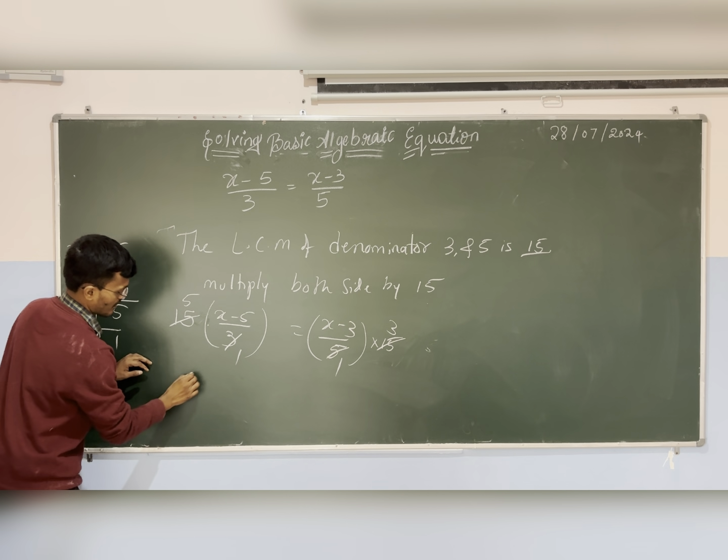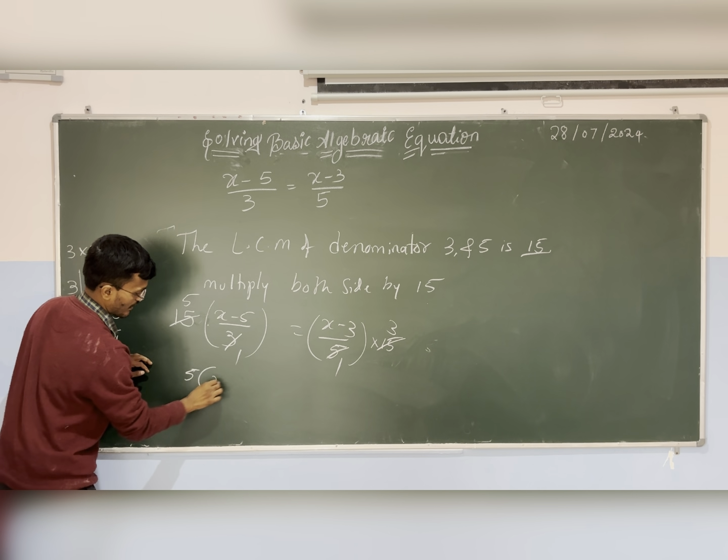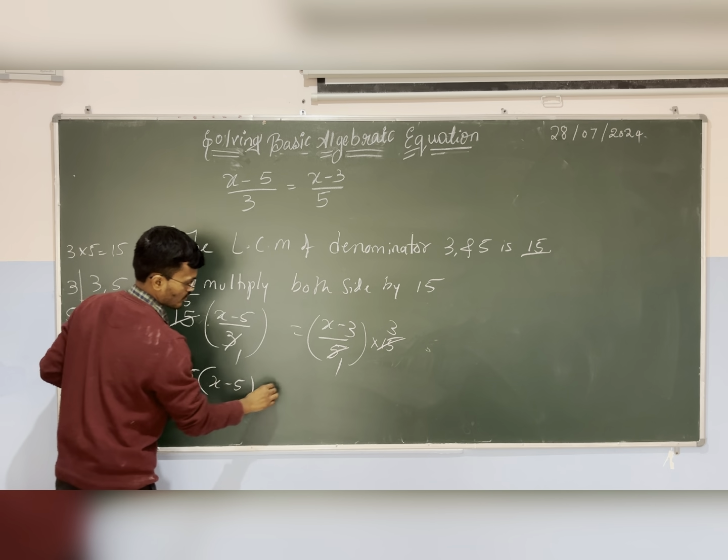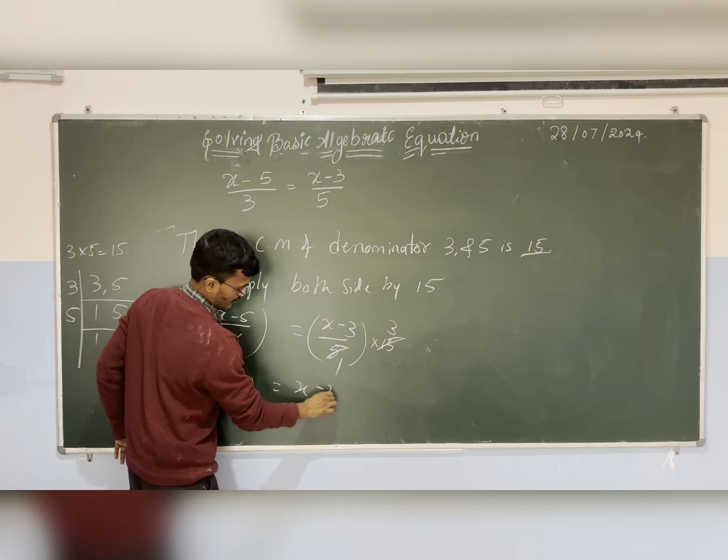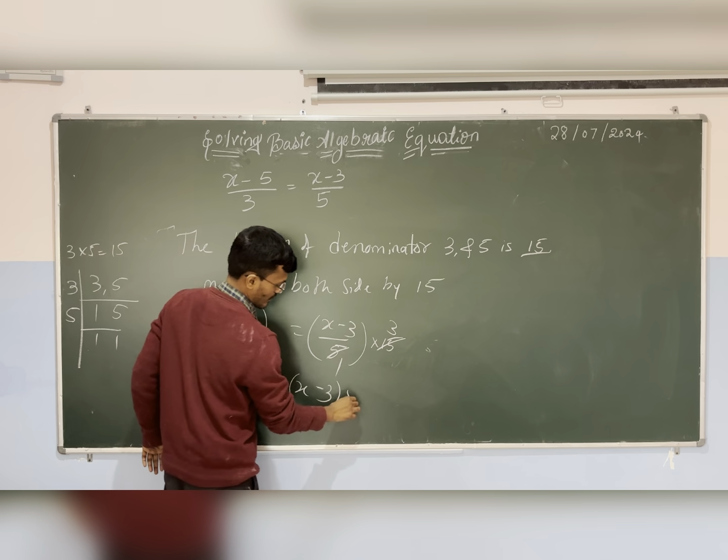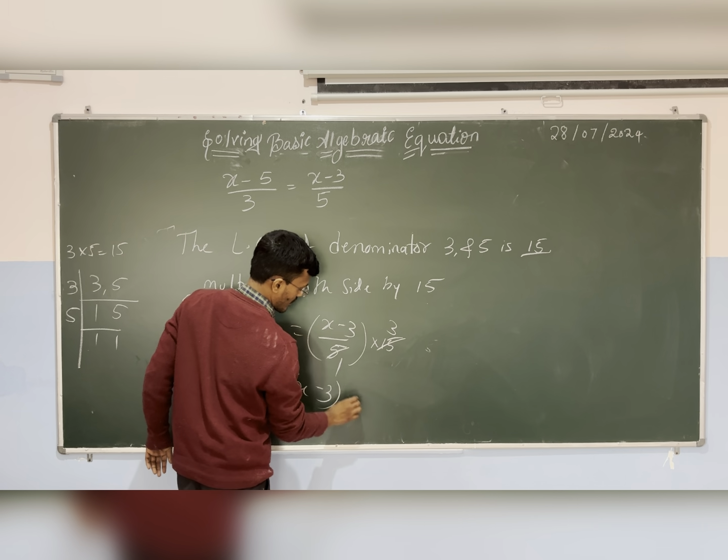So write it: 5 times (x minus 5) equals (x minus 3) times 3.